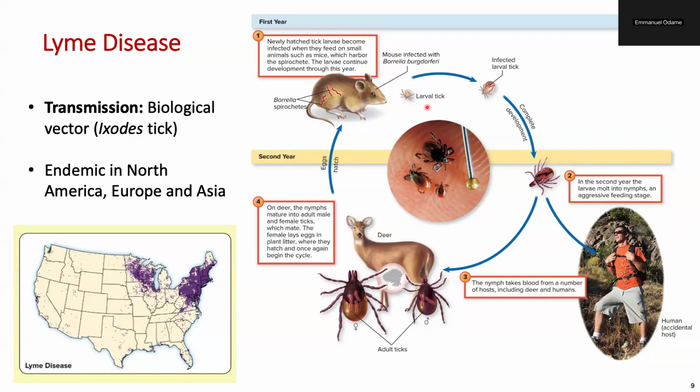The mouse transmits it to the tick, and the bacteria stay within the tick. Now the tick moves to another phase, grows, and can bite either a human and transmit it to the human, or a deer. Then the tick reproduces, both male and female mating, and gives more eggs, and the eggs can hatch within, let's say, a month, and the cycle keeps going on and on.